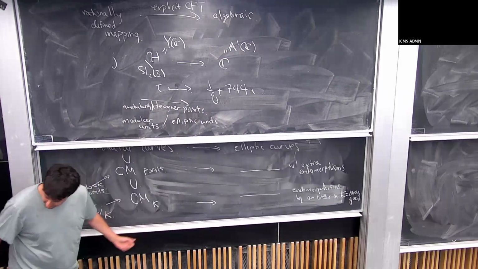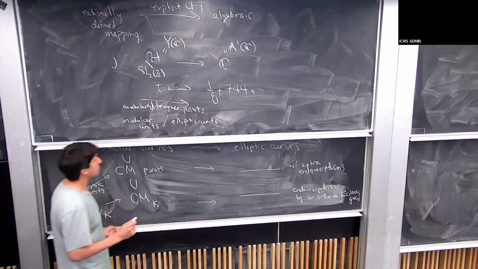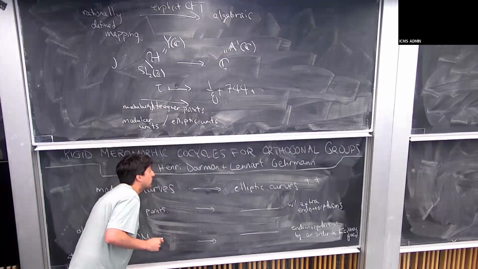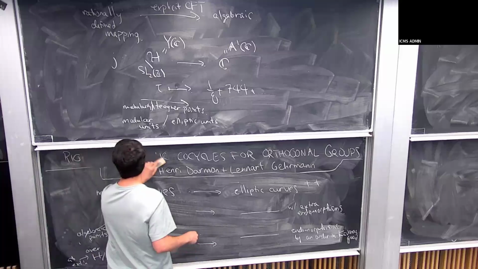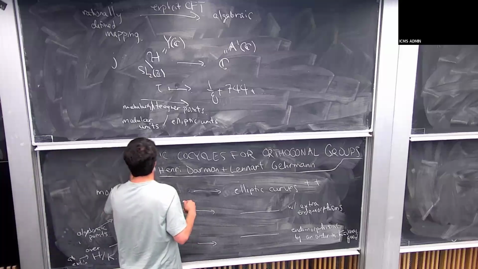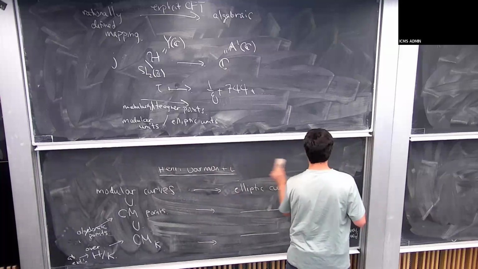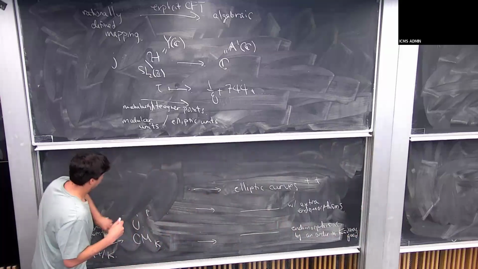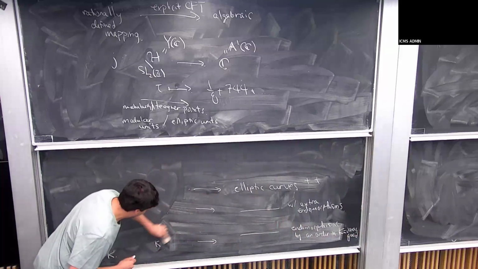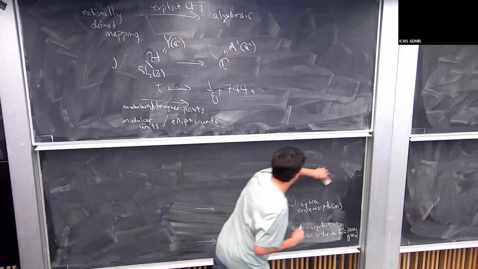Okay, so this whole setup generalizes vastly from modular curves to so-called Shimura varieties. So let me just say a quick, very informal word about that. Everything I'm going to say today will just be very high touch.